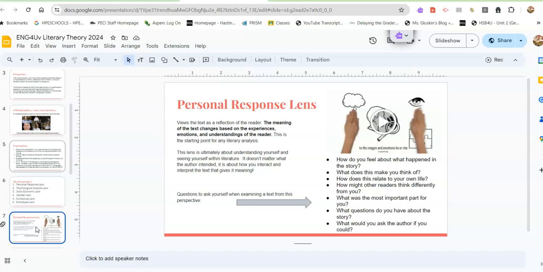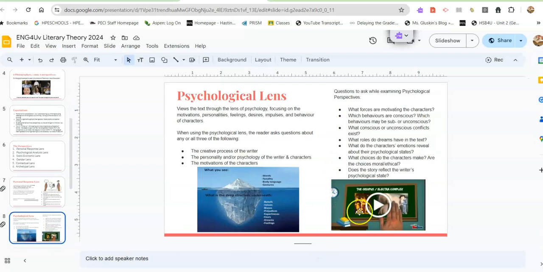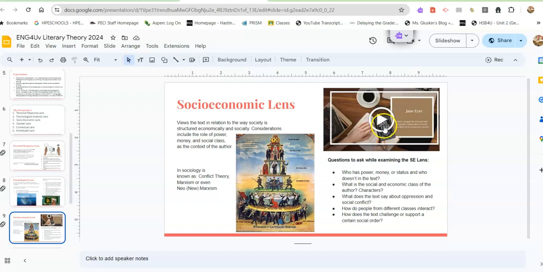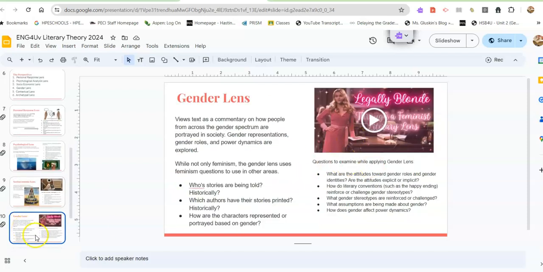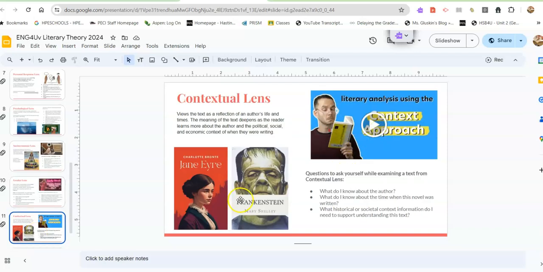In addition to the information for each of these lenses, you're going to see a video in each of the slides. I'm not going to be doing those videos in this content video, but I wanted to make mention of them so that you can actually go through and use those as references.